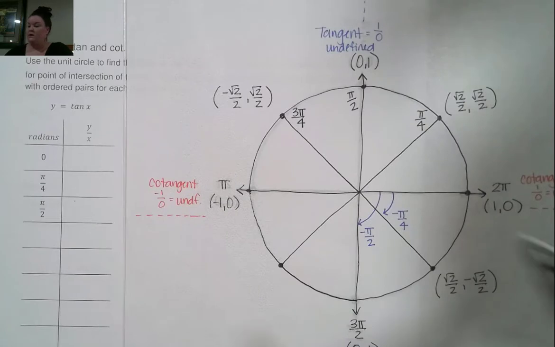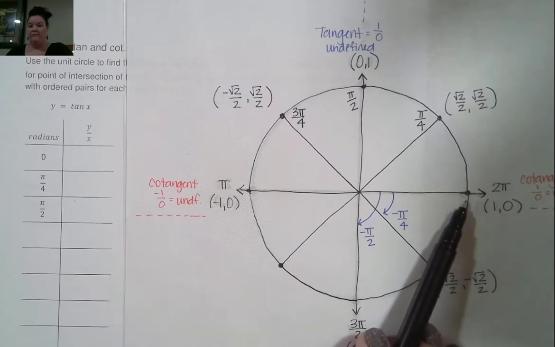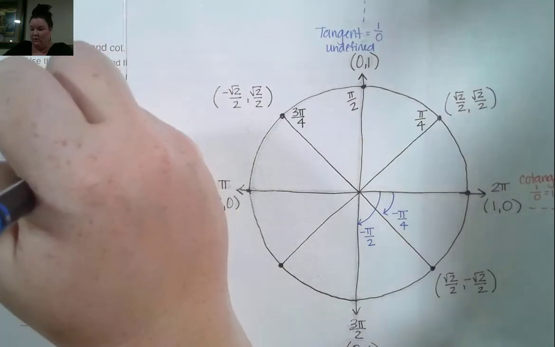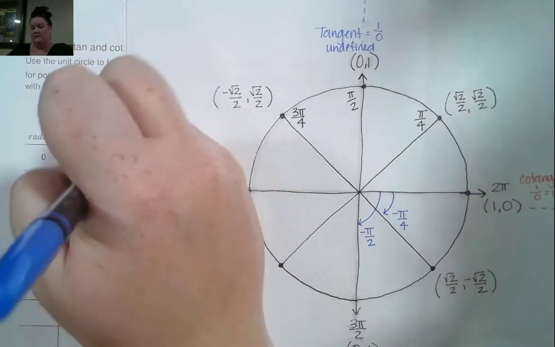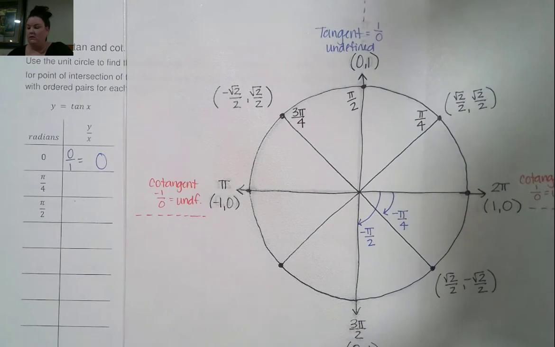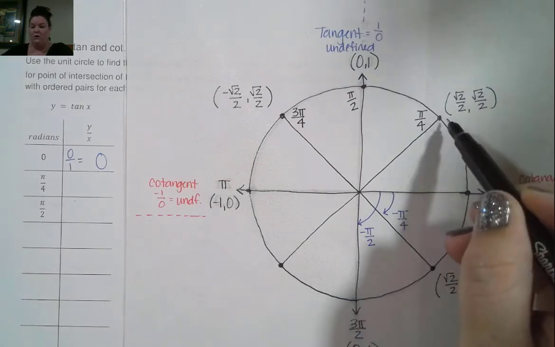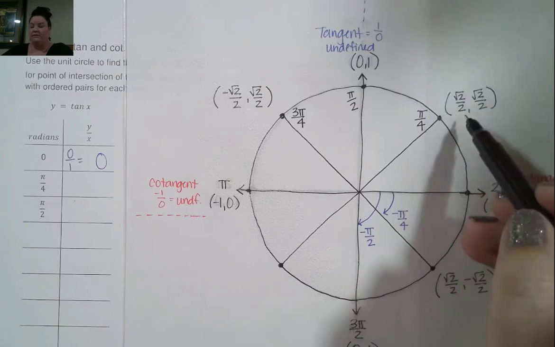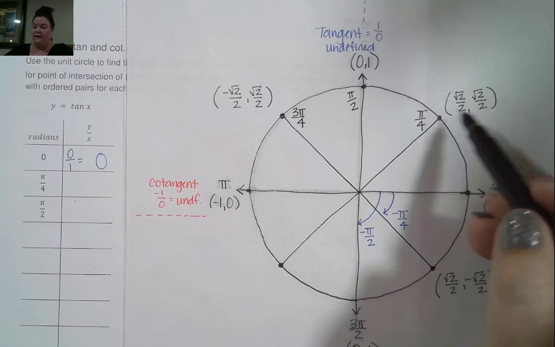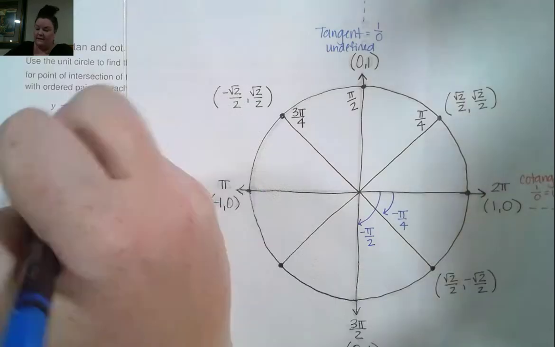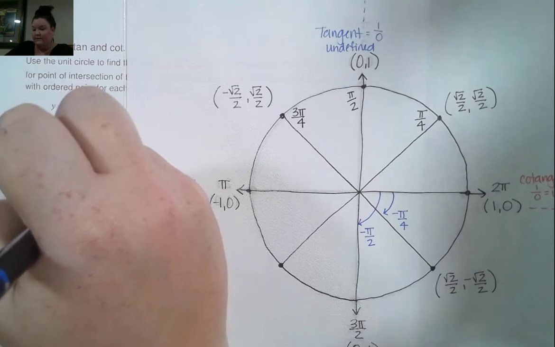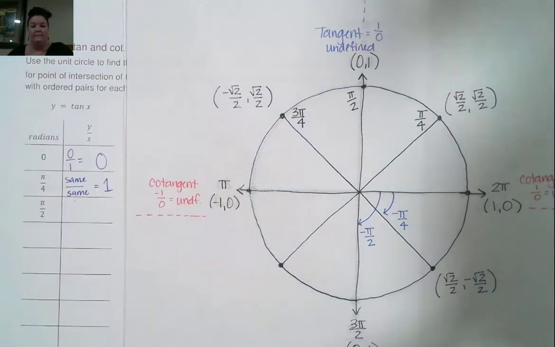Alright, so when we look at 0, right, if we want to calculate y over x, that would be 0 over 1, which is just 0. So that's a nice angle, right? As we move up to pi over 4, right, we're getting square root of 2 over 2 divided by square root of 2 over 2. Now, I'm not going to write all that out because it's a tiny little space, but basically we're getting the same number divided by the same number, which gives us a 1, right?